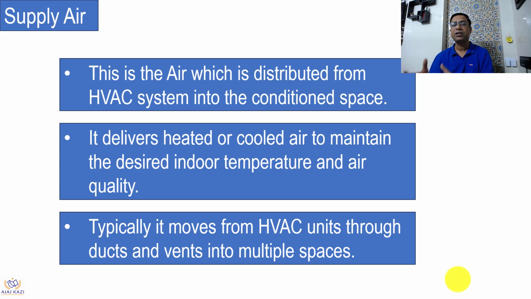It is delivered generally through ducts and vents into multiple spaces. HVAC units condition that air and deliver it to the area to be conditioned. That air which is supplied is called supply air. Hope I'm making sense.